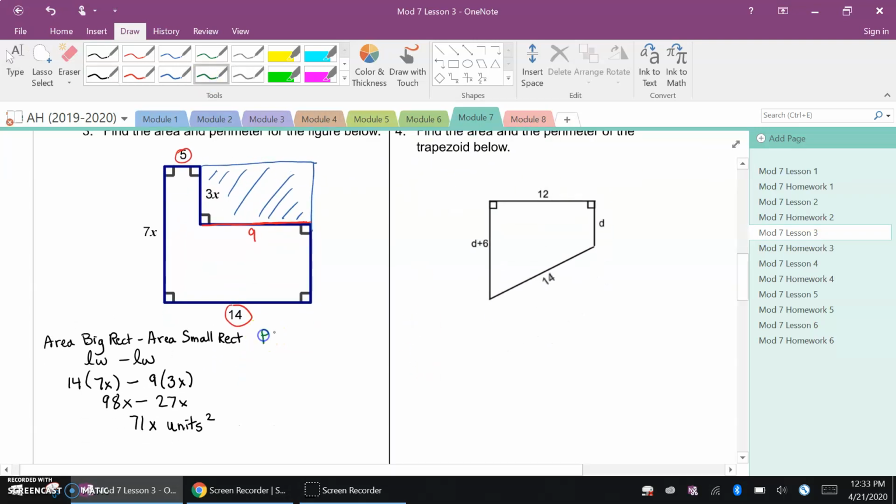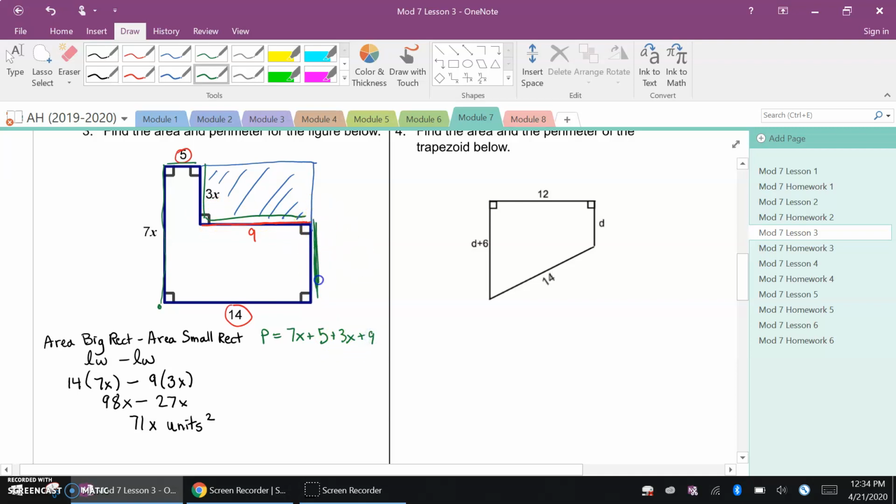For the perimeter, we need to walk all the way around the figure. So I'll show you a different way to attack it this time if you want to. If you're starting here, we're going to go up 7x and then over 5. We're going to go down 3x, over 9.